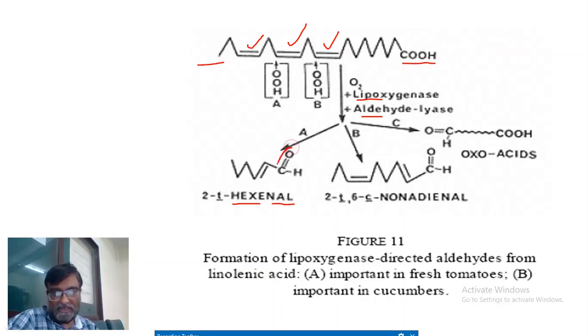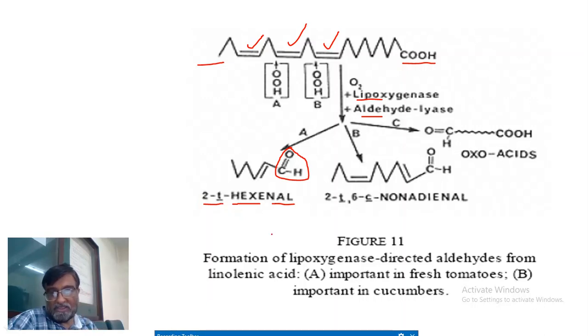You know that aldehydes have an ending of CHO. We have seen this in carbohydrate structures as well. It's a 6 carbon compound. So the first carbon will be CHO, then CH2, CH2, CH2, and the terminal is CH3, 6 carbons in total. So it's a 2T. At the second carbon, it's a trans structure.